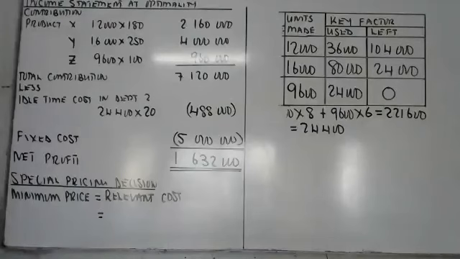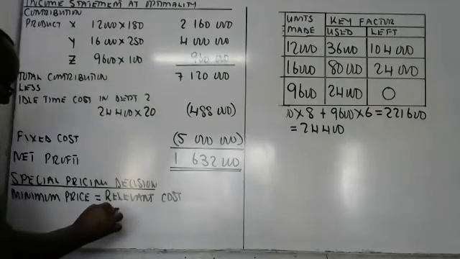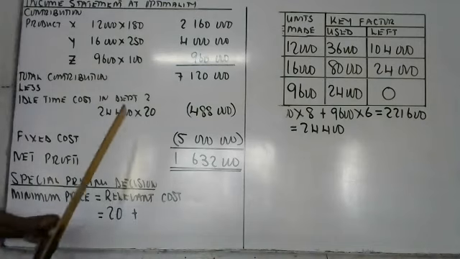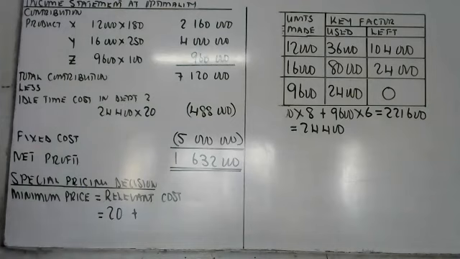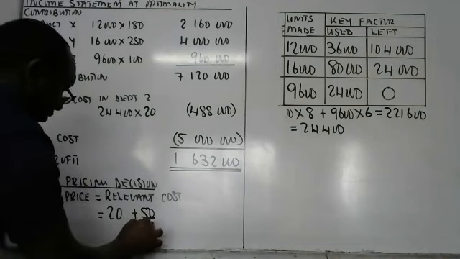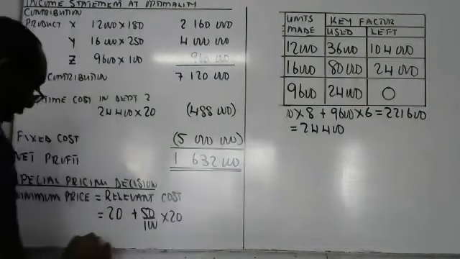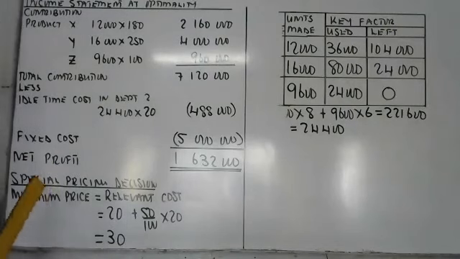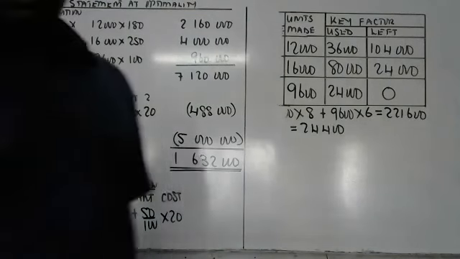So the minimum that these guys should pay us is number one, the 20 bob that we are paying our workers in department 2, and then they should pay us the overhead, which are 50%. So 50% of 20, and that gives us 30 shillings. So the minimum they should pay us is 30 shillings.